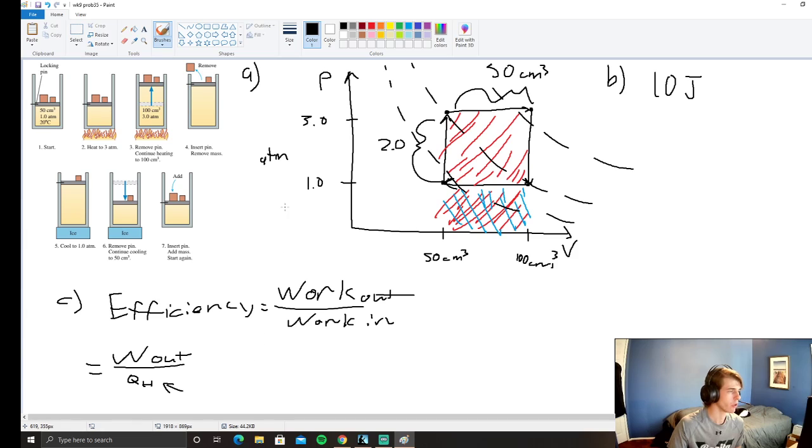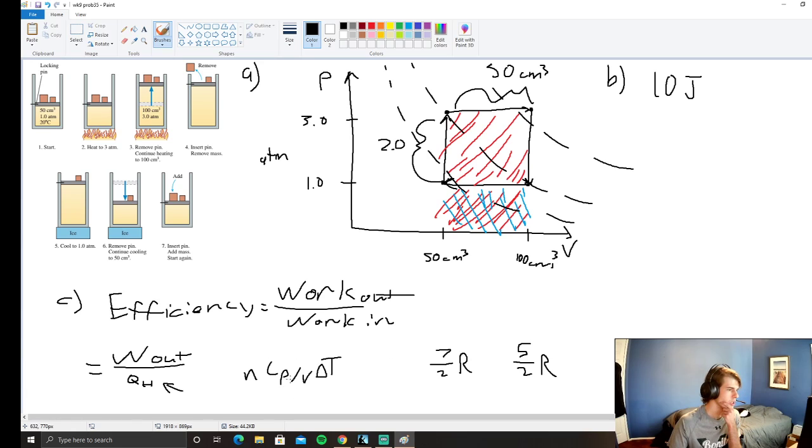If you look in the book, it'll tell you that QH for an isobaric and isochoric process is nCP or CV times delta T. For CP, that's 7 over 2 R for diatomic gases, and 5 over 2 R for CV.